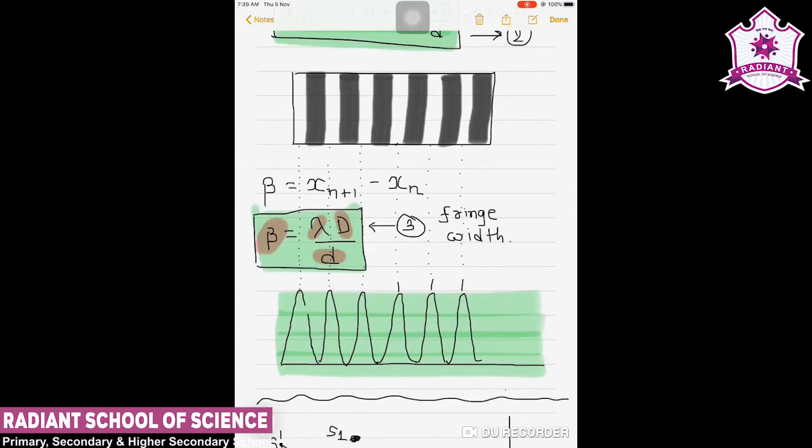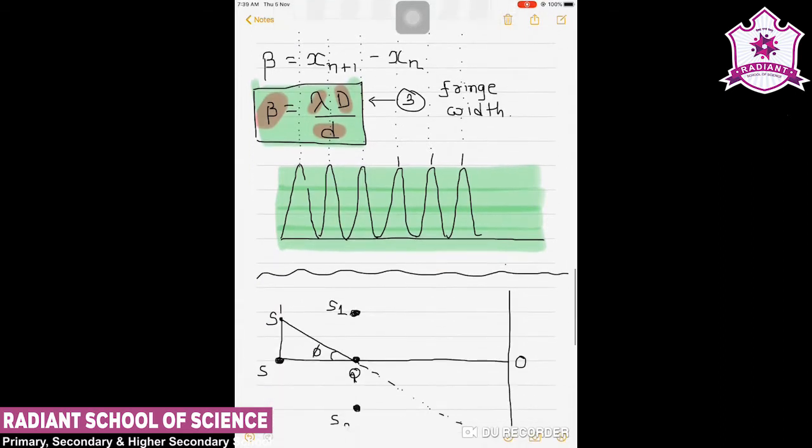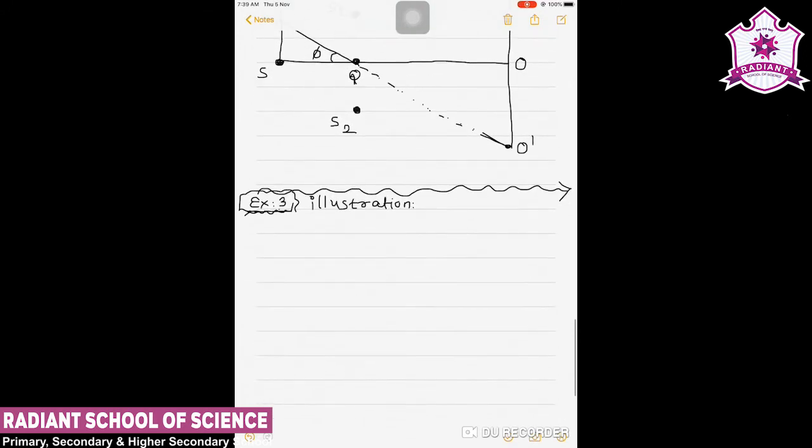Now on the basis of the given information, we can apply this equation and get the answer. It is very clear that we can apply beta equals lambda D over small d.